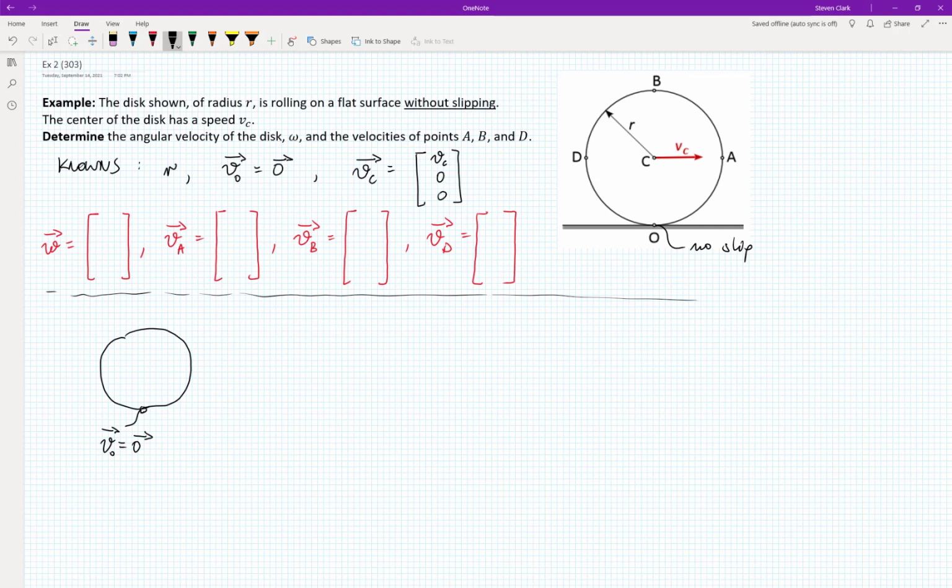We also know that the velocity at point C is VC. And let's assume that our omega rotates in a positive fashion, okay? Let's assume that our omega rotates in this way. And let's find omega.